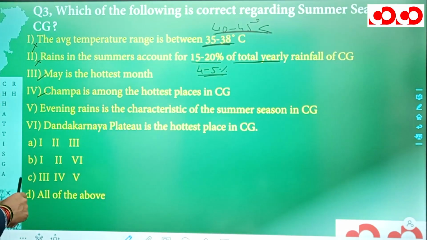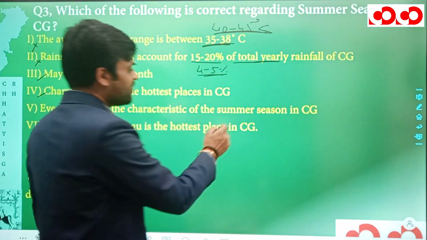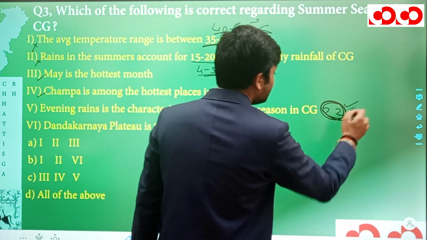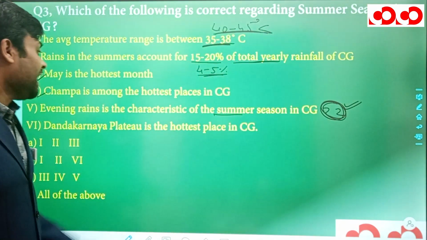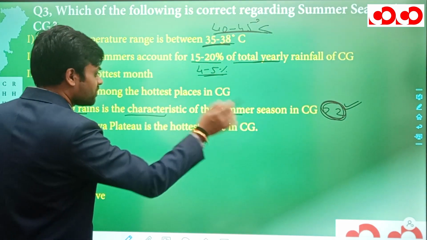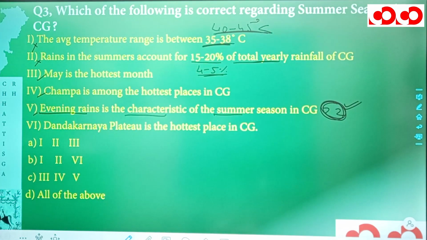Let me tell you, out of the entire span of the summer seasons, we have approximately 22 days wherein we have evening rains in summers, and hence we can say that evening rains is one of the characteristics of the summer seasons in Chhattisgarh, and hence this statement is also correct.